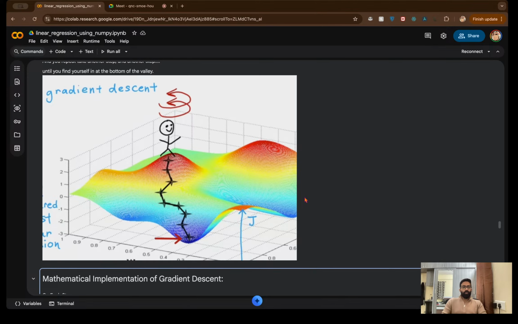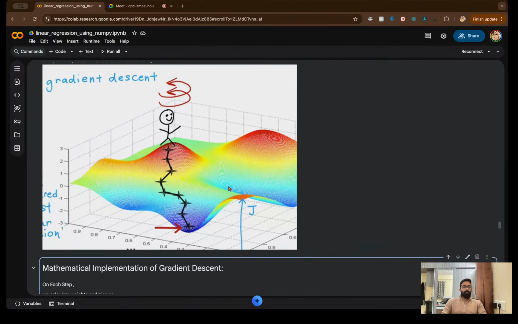Visually I'm telling you, mathematically we will come to it. But visually, at every point, the algorithm will consider all the points of w and b. That is what I mean by the 360 degree turn. When I say 360 degree, it is basically considering all the values of w and b at this point. Let's create a line around this point.